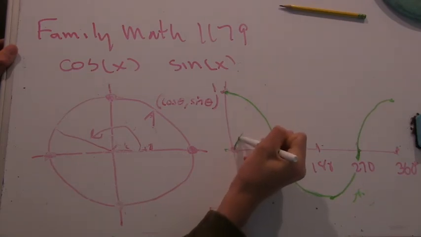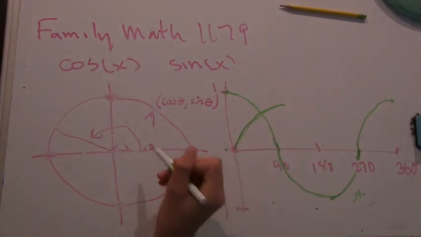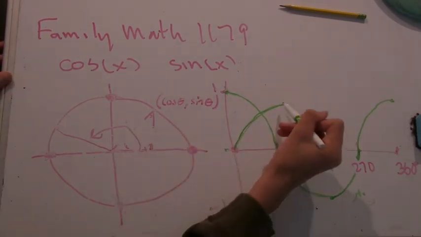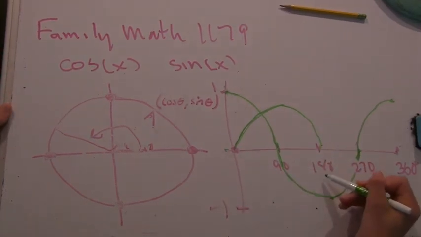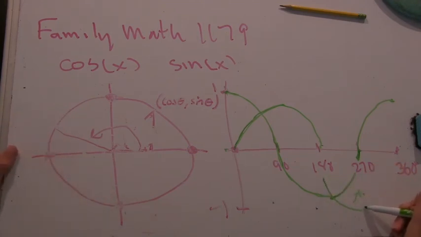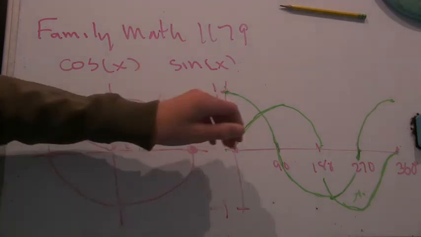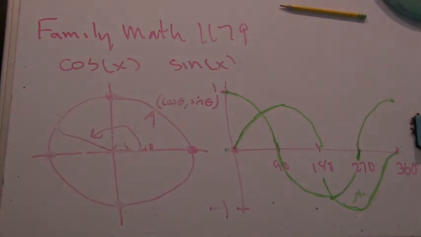So actually, maybe something like this to start, and then now you have to go back to 0, like that, and then go to -1 down to 270, and then back up to 0 for 360. So just sort of the cosine graph, but shifted over a little ways.